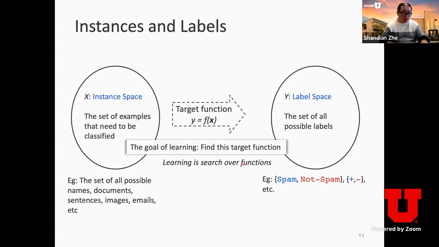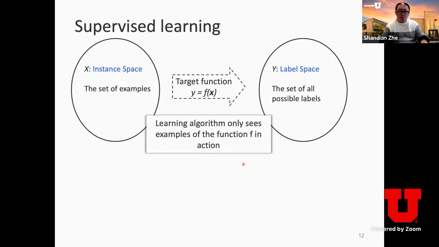Okay? And then how can we conduct the search, right? In addition to defining the candidate set of the functions, how can we fulfill the search? We need examples of the function input and function output, meaning the labels.